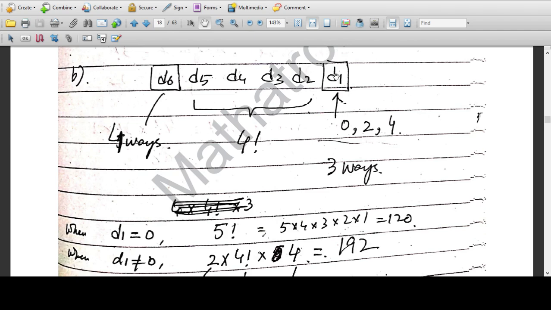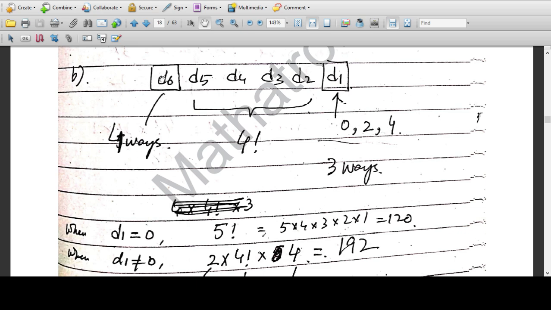If we place 0 here, then the remaining 5 can be placed in 5 factorial ways. If we place 2 or 4 here, then these are 2 possibilities, and here we have 4 ways.